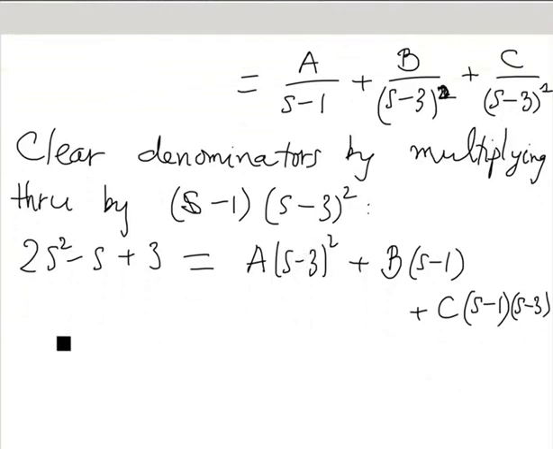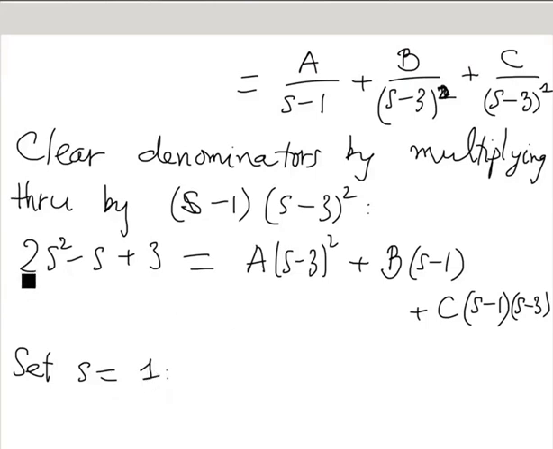Now we're going to choose special values of s. Special values are values of s that make one of these factors 0. So say s equal to 1 is a special value.